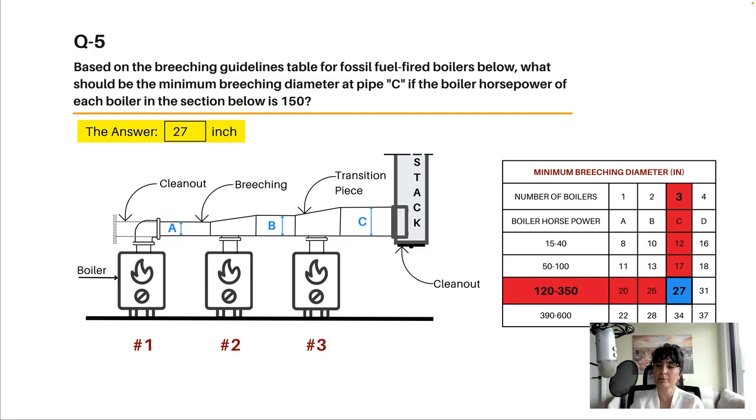So when I look at the table, there's a value between 120 and 350. So I am in that range, so it should work for my project. And when I look at the intersection of that horsepower with 3 boilers, I see that at C, the breeching should be 27-inch minimum. So that's why the answer is 27 inches.